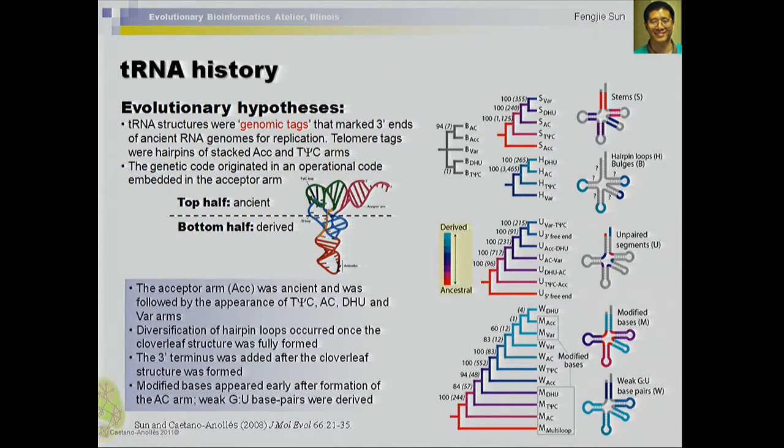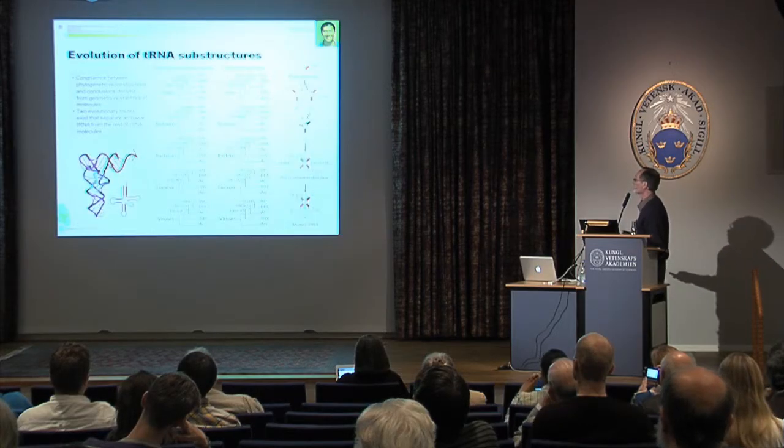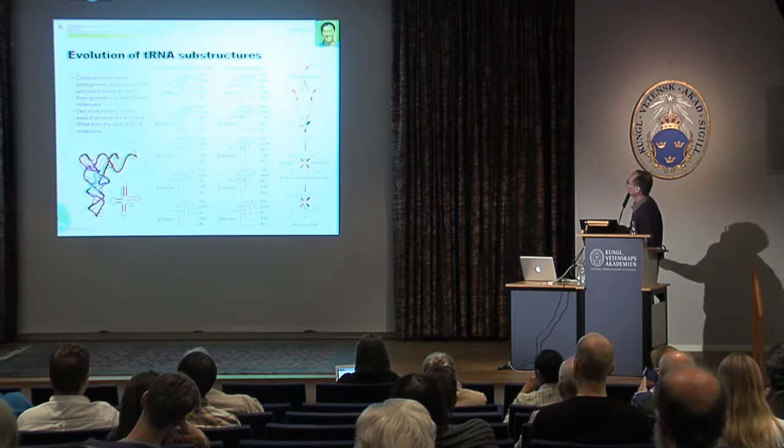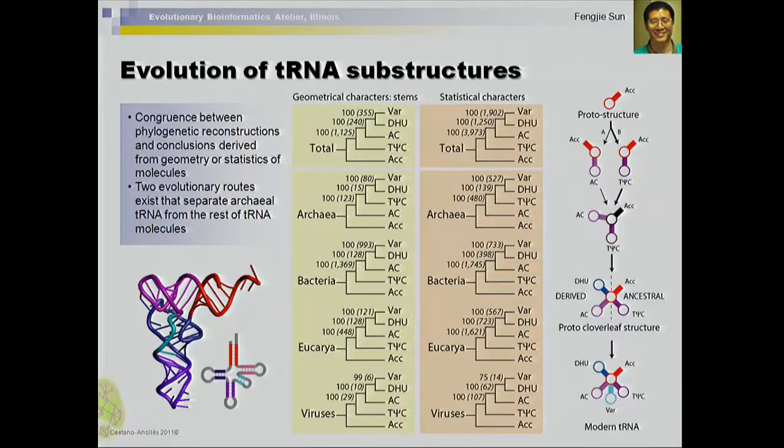We've done this with stems, but we basically explored hairpins, unpaired regions, and other characteristics linked to the geometry of structures. We've done this also using statistical characters. And the interesting thing is that these trees allow you to put an explicit model of molecular evolution.